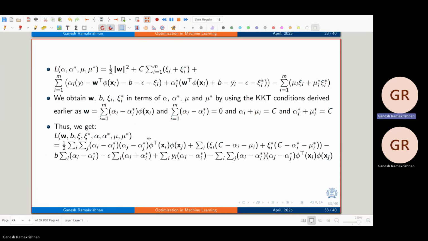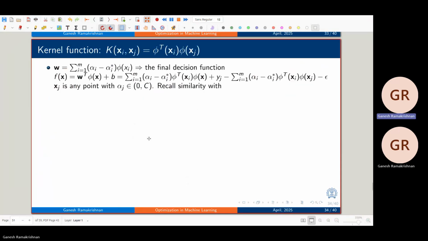So even if your original phi's were in a very high dimensional space, you are able to compute, using the dual, the solution in the space of the dot products of pairs of points. Right? So that gives you the kernel function: phi xi dot product with phi xj. So what is W?